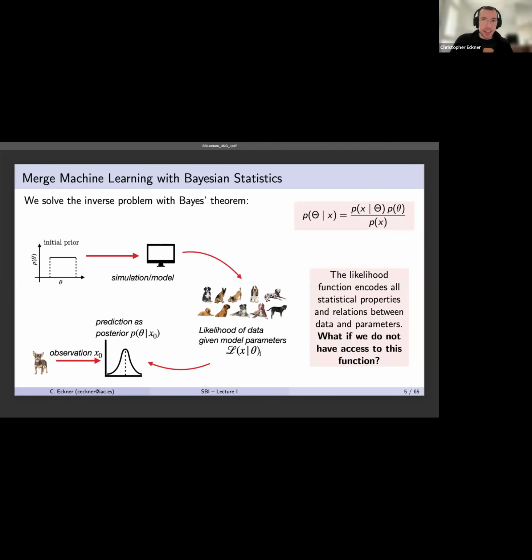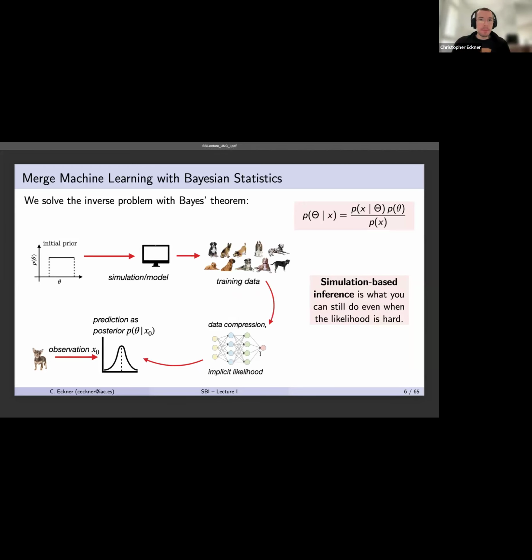In such a case, machine learning can be helpful to solve the problem. Instead of trying to figure out what the likelihood is in analytic form, you simply put a neural network here as a step that then implicitly learns what the likelihood is if you train it on the data that your simulation or model can produce from the parameters.